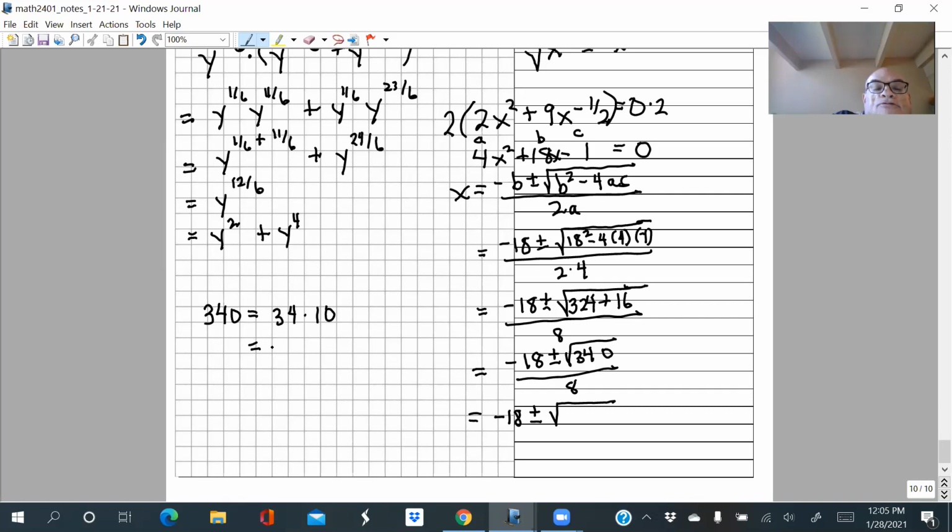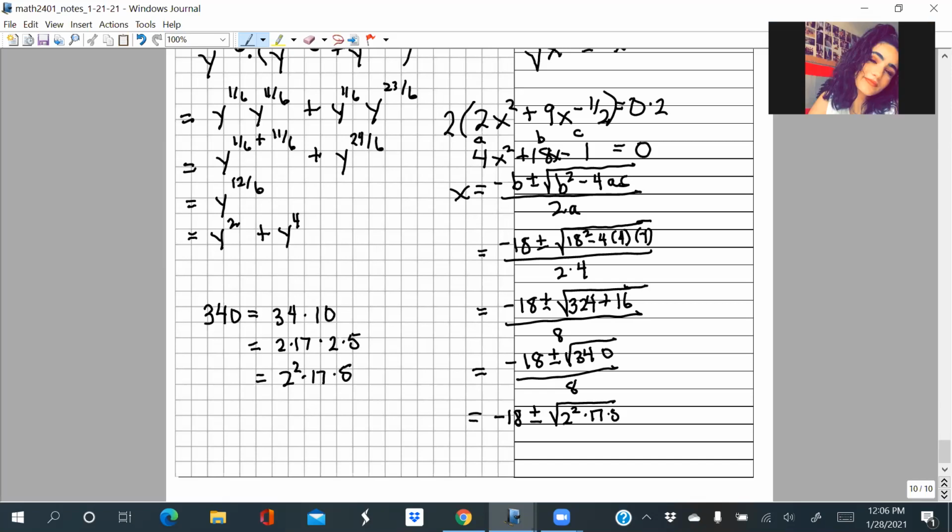And let's see, 34 is 2 times 17. And then 10 is 2 times 5. Well, look, here you have 2 times 2. That is a perfect square. So you have 2 squared times 17 times 5. 17 and 5 are both prime numbers, though, so you cannot break them down any further.